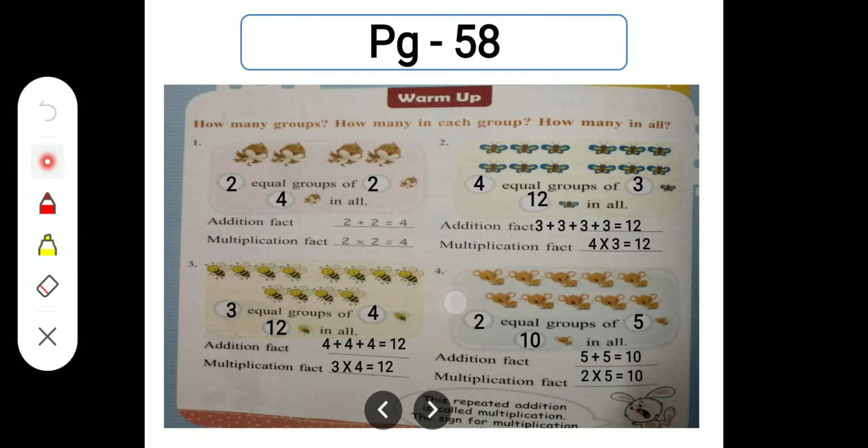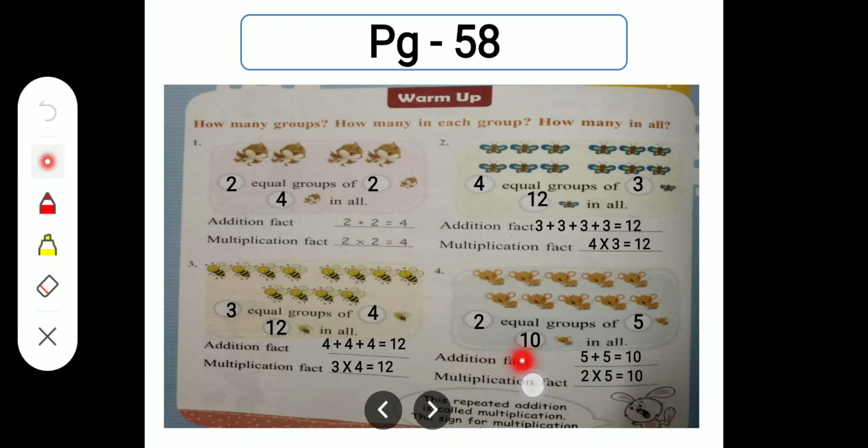Now number 4. Here how many groups are there? 1, 2. So 2 equal groups of 5, that means 10 in all.